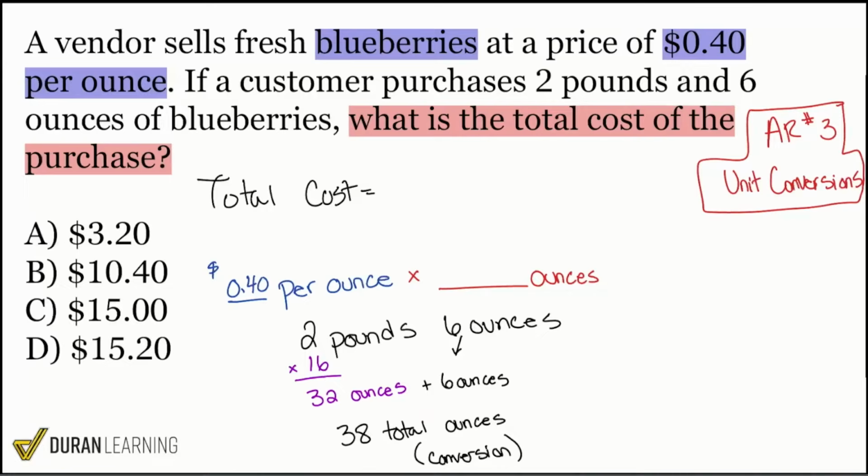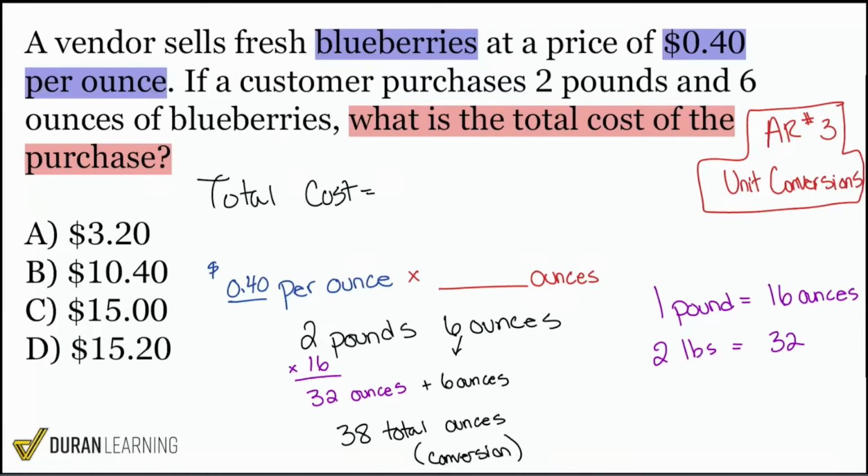For the purposes of this question, I'll write this here: 1 pound equals 16 ounces. So 2 pounds was 32, 3 pounds would be 48, and so on. The reason I knew that is that it's your responsibility to know these essential conversions, pounds to ounces, feet to inches.